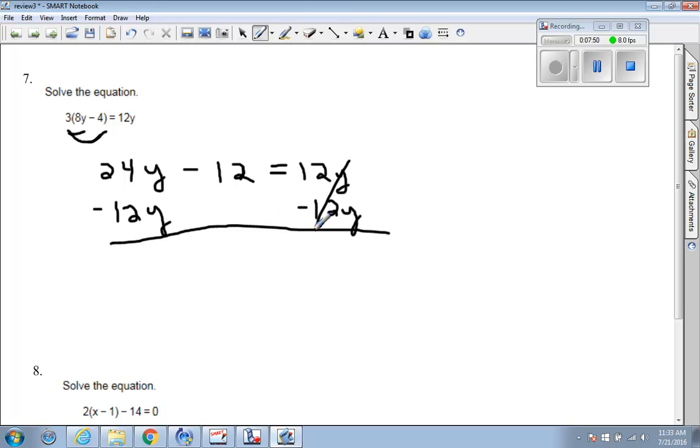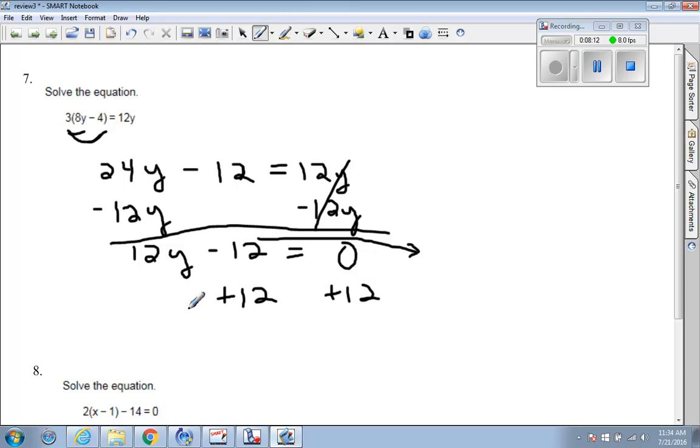Whatever I do to one side of the equation, I have to do to the other. Then I'm forcing myself to record every little piece. 24 minus 12 is 12, so I have 12y. And then numbers on the right. Like I said, I'd like to take negative 12 and just move it across the equal sign, but I have to do the add up property of equality. So I'm adding the opposite to both sides of the equation, balancing the equation.